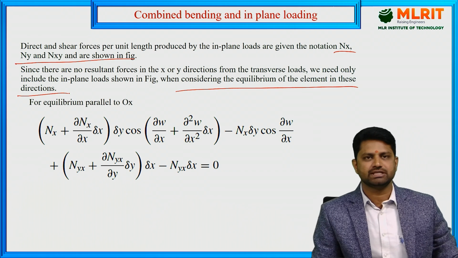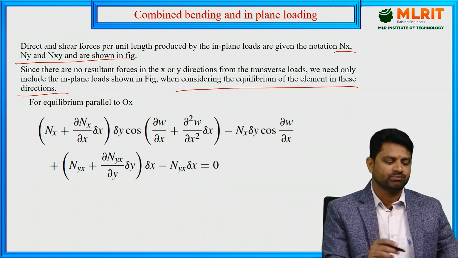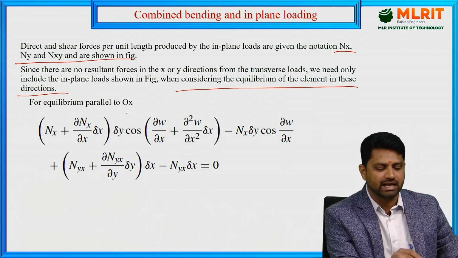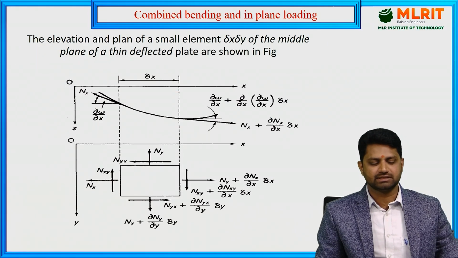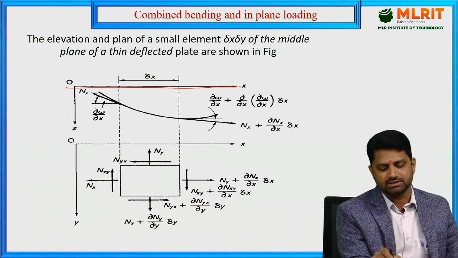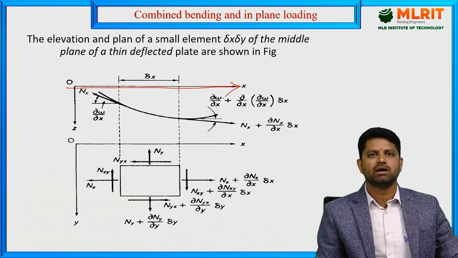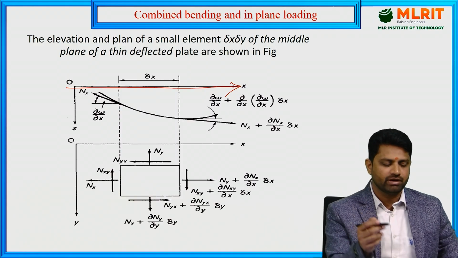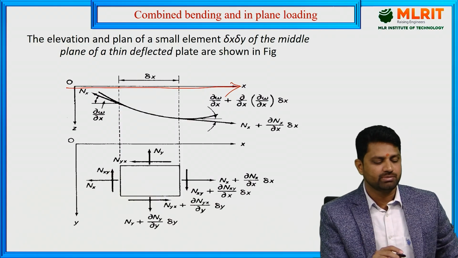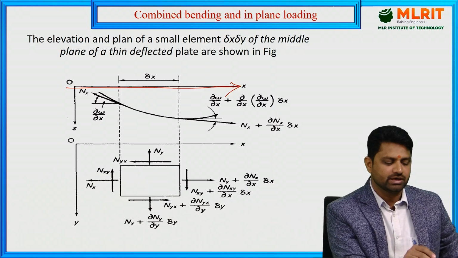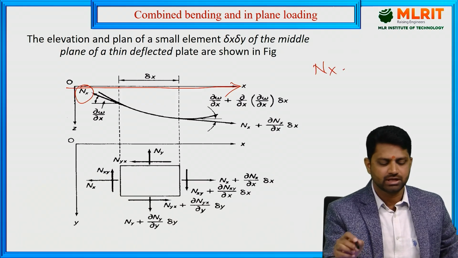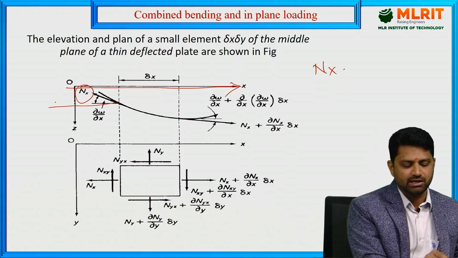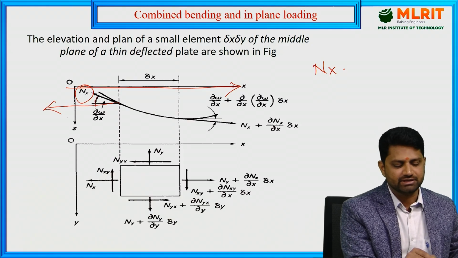So the first equilibrium direction we are taking is the equilibrium of the element parallel to the OX axis. Now if you go back and see, this is the OX axis. Now we are considering the force equilibrium parallel to this axis. When we take the equilibrium parallel to the OX axis, you can see here Nx is the force, and it is having some component here.